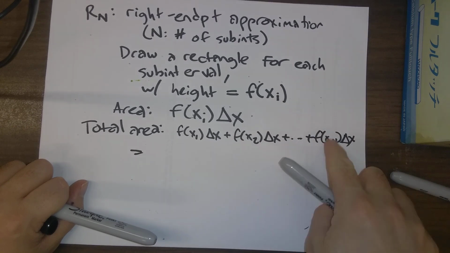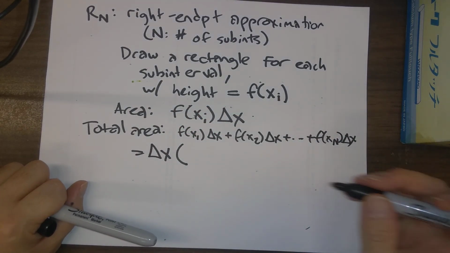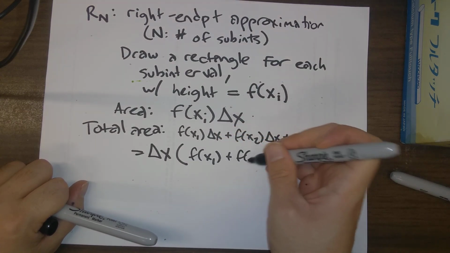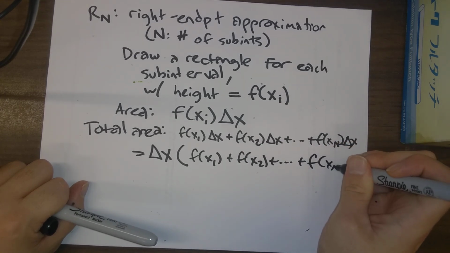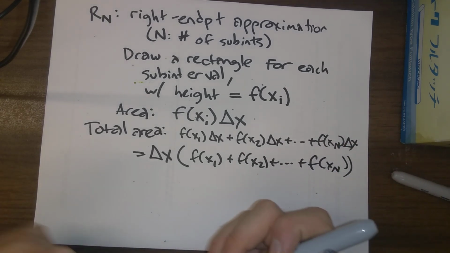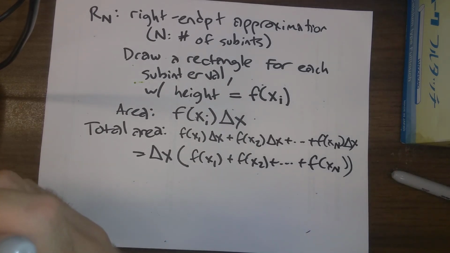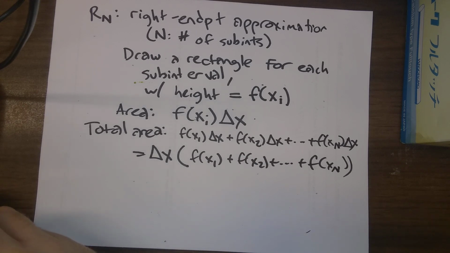Every single term has a delta x factor in it, so we end up with delta x times the quantity f of x1 plus f of x2 plus dot dot dot all the way out to f of xn. This is how we go about constructing a right endpoint approximation.